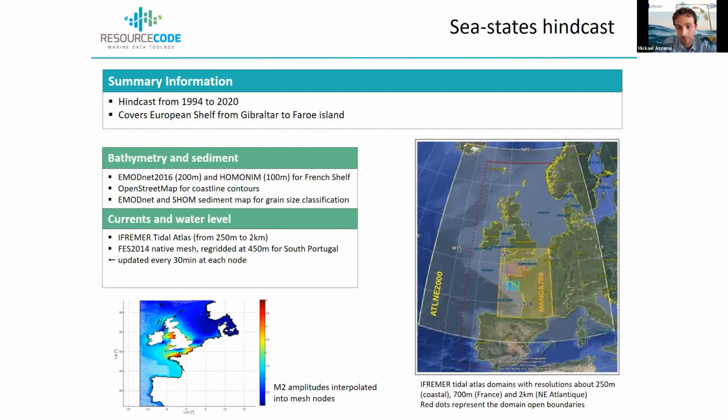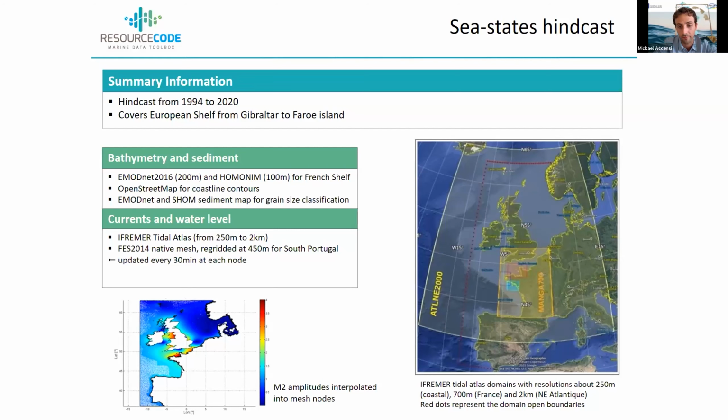If you look on the map on the right, you can see the different domains of the tidal atlases, with resolution going from 250 meters on the coastal area, 700 meters on the French area, and up to 2 kilometers on the Northeast Atlantic. That's for the Ifremer tidal atlas.